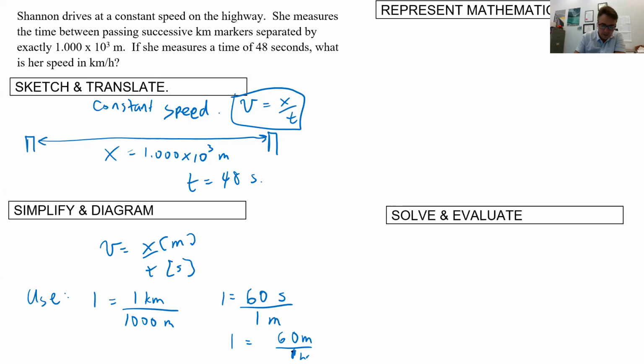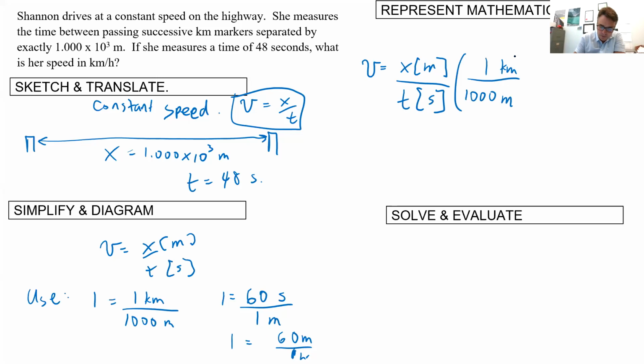So the way it's going to look is x in meters divided by t in seconds, times 1 kilometer divided by 1,000 meters, and then times 60 seconds divided by 1 minute, times 60 minutes divided by 1 hour, which I'm going to write as h.